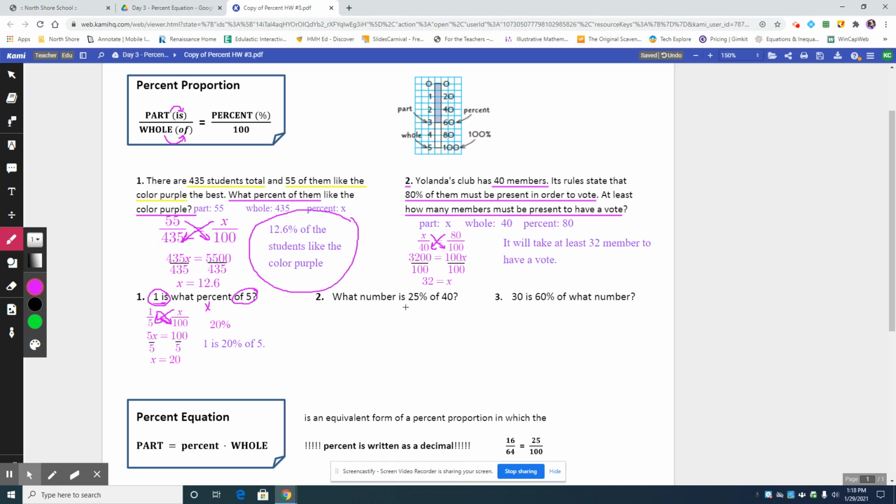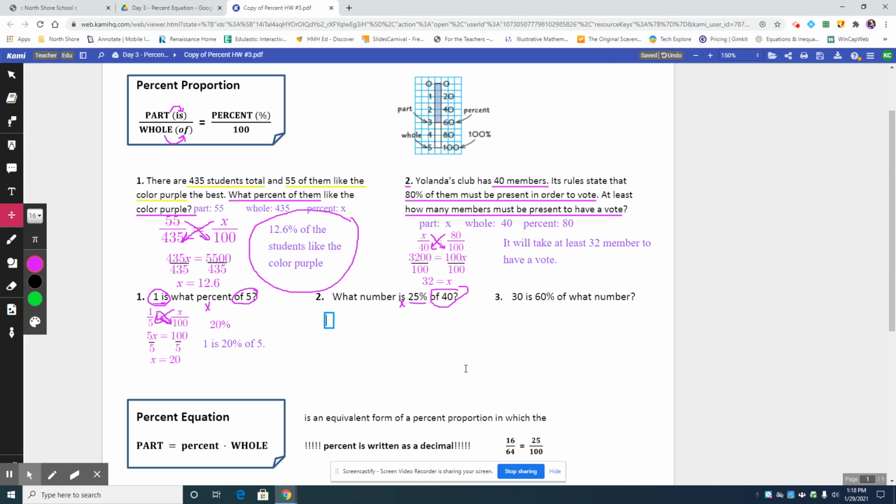All right, number 2. What number is 25% of 40? So in this part, we're looking for the is. So the is will be represented by x. When we go to set up our proportion, it's is over of, or part over whole, equals percent over 100.